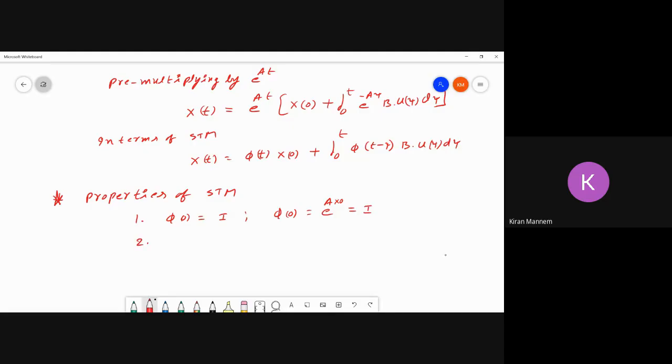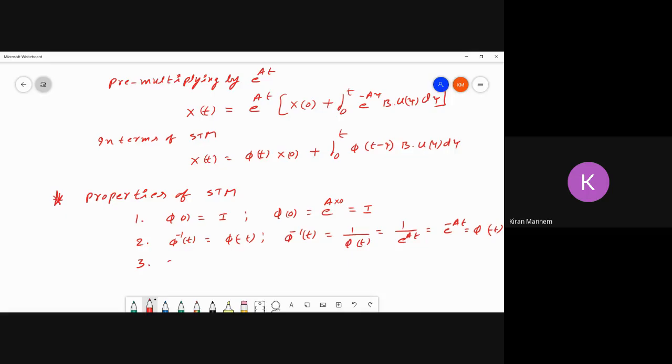Second property, phi inverse of t would be phi of minus t. That is phi inverse of t is equal to 1 by phi of t, which is equal to 1 by e power at, which is equal to e power minus at, which is equal to phi of minus t. So this is how you can prove all the properties.